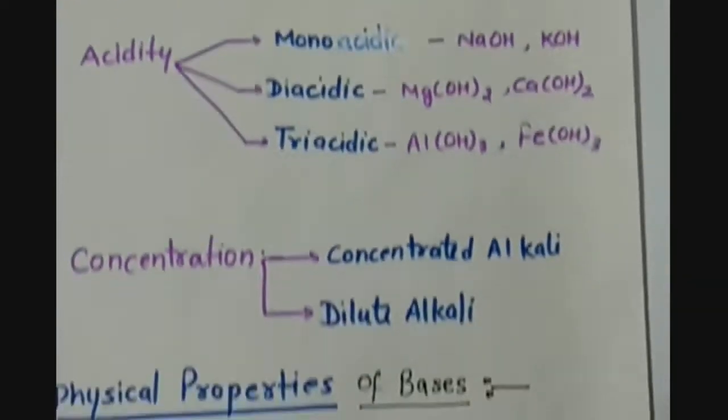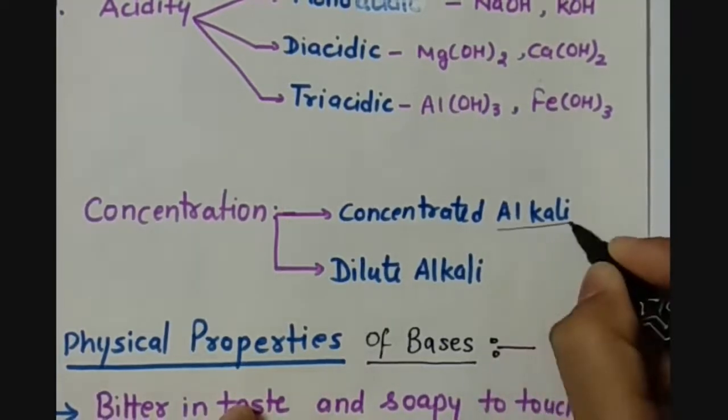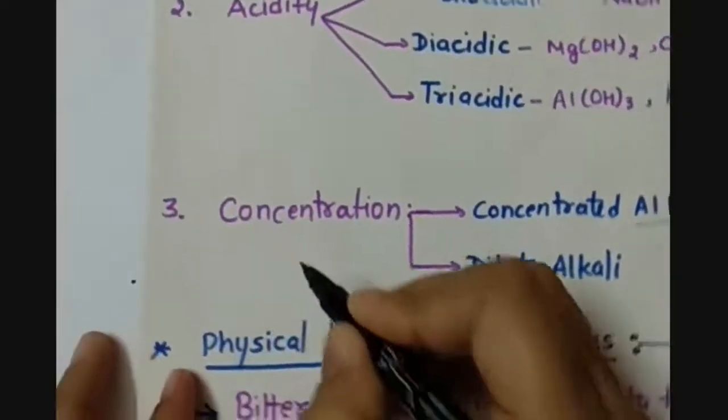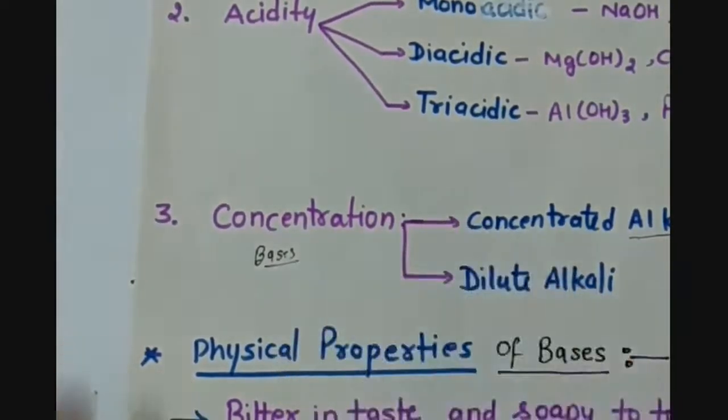On the basis of concentration, there are two types of bases, concentrated alkalis and dilute alkalis. But before that I want to tell you the meaning of alkali. Bases have two categories. Some bases are soluble in water, but some are not soluble in water; they are soluble in other solvents.